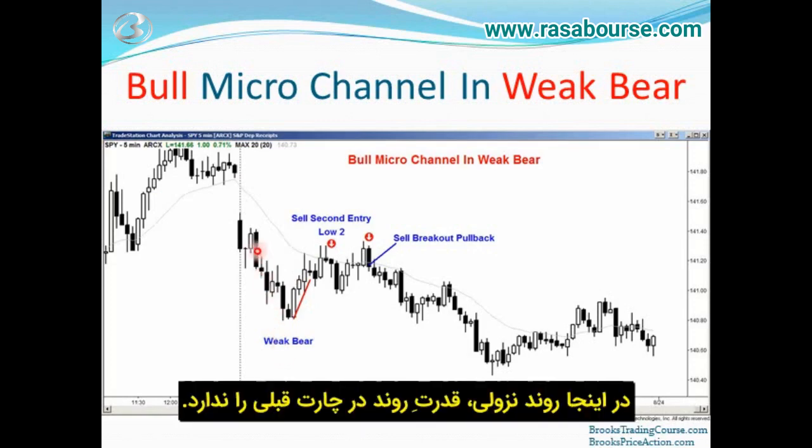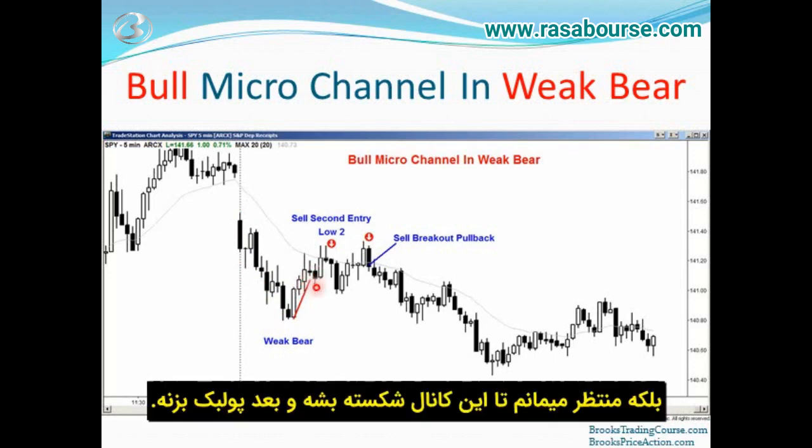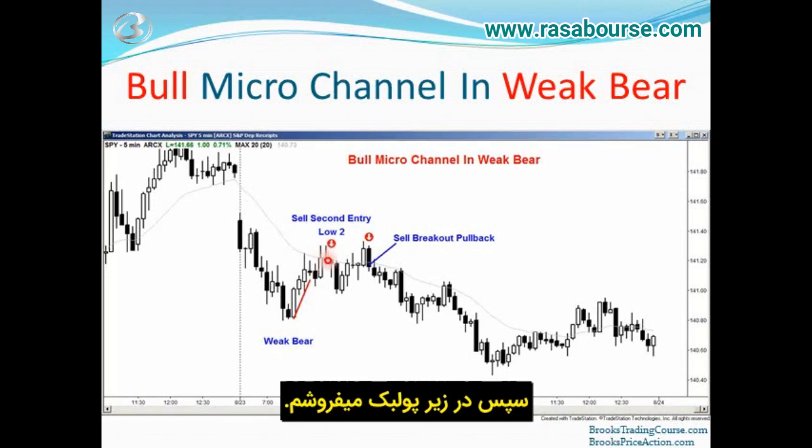So for example, this bear trend is not nearly as strong as the prior one, so I would call it a weaker bear trend. And here you have 3 pretty strong bull bars. I would not take the short below this micro channel. I instead would wait for the breakout, wait for the pullback, and then short below the pullback.